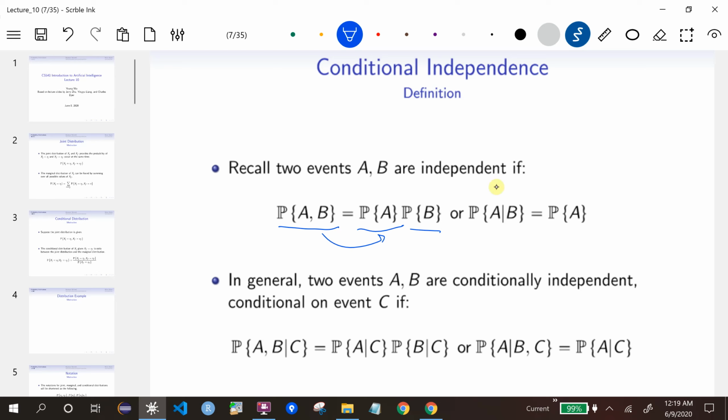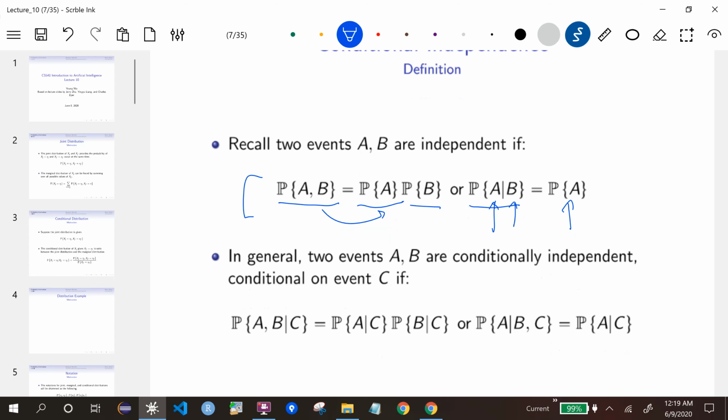There's an alternative definition that's also intuitive: if you find the probability of A given B, conditioning on B happening, then because B is not related, it's just the probability of A. Both of these definitions are okay. And for conditional independence, we use the same expressions, we're just conditioning on C for all of them. So basically, given C, A and B are independent. That's what conditional independence means.